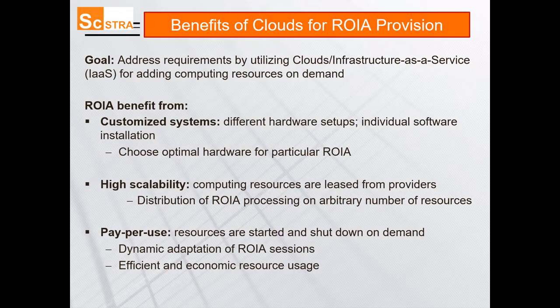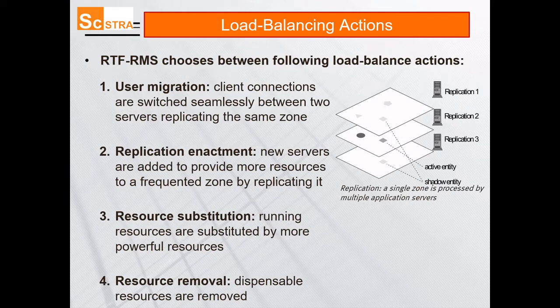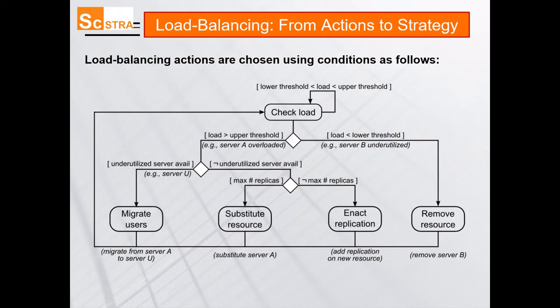And the next point of interest for us is load balancing in such a system. We have several possible load balancing actions, and we have developed this decision diagram which describes how we decide which of these four load balancing actions is really executed.